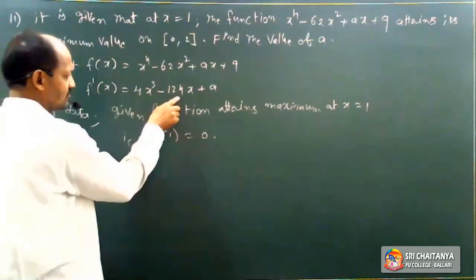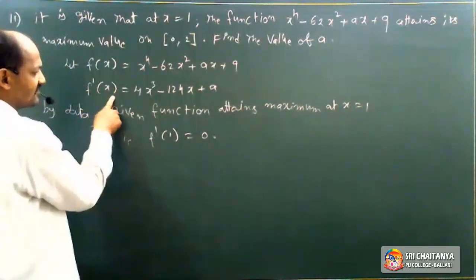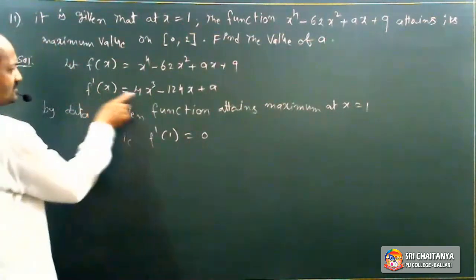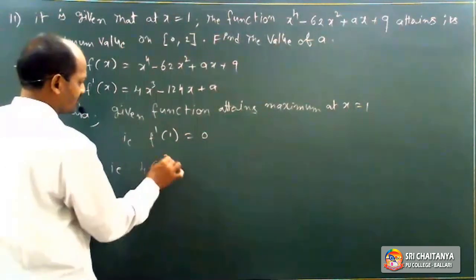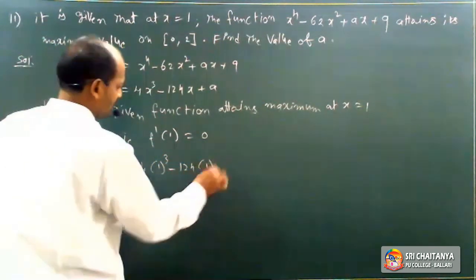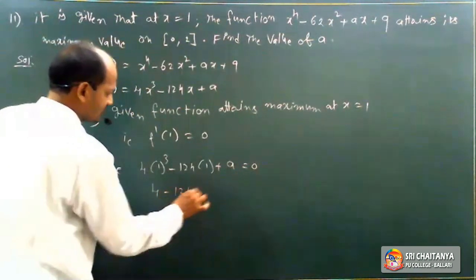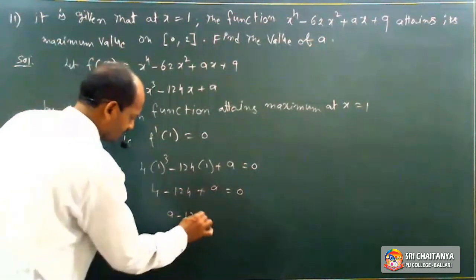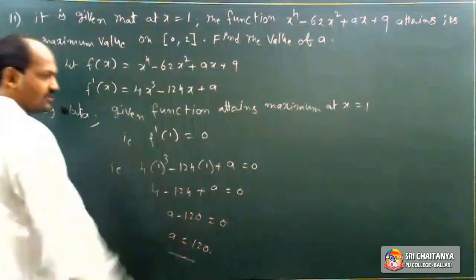It is 4x power 3 minus 124x plus a. By data, f dash of 1 is equal to 0. So substituting x is 1, that is 4 into 1 power 3 minus 124 into 1 plus a is equal to 0. 4 minus 124 plus a is equal to 0. A minus 120, we get a is equal to 120.